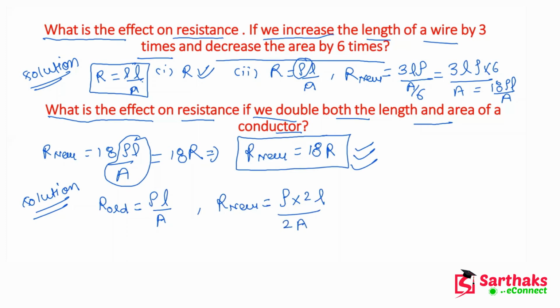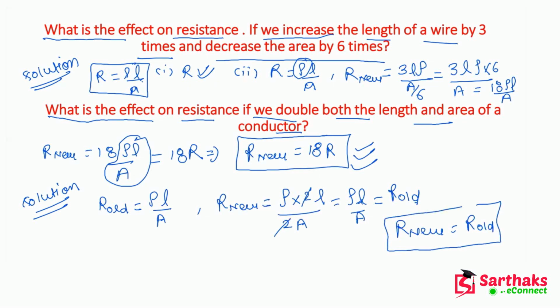So this is the value of R new. Now this 2 will be cancelled out by this 2. So this gives us rho L by A, and this rho L by A is the value of R old. By solving this formula, we get that R new is equal to R old. It means in both conditions our resistance will be the same.